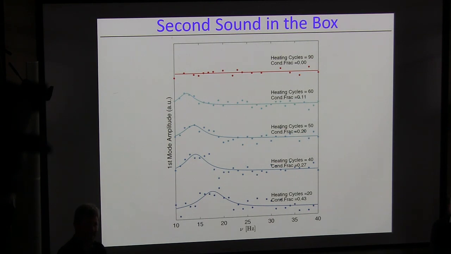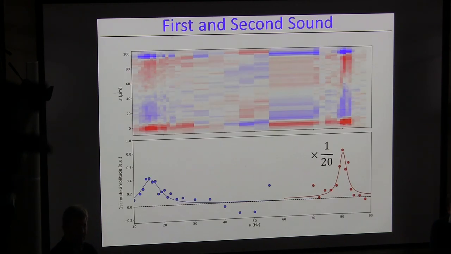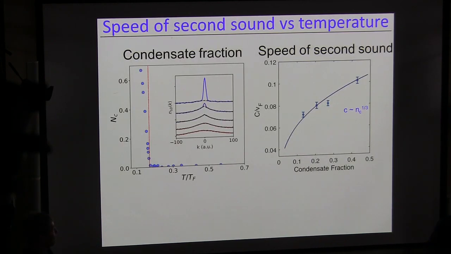Those are the right frequencies that you would expect. That's what I show here when I compare the speed of sound versus condensate fraction, and take some rough idea of how they should be related. It sort of matches, but it's not enough data to do a good job.